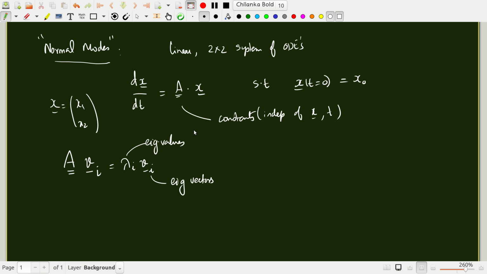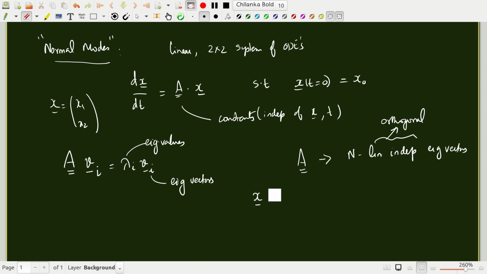Now if you assume A to be a matrix such that you have two linearly independent eigenvectors, in this case because you're considering a two-dimensional system, in general A has, let's say, n linearly independent eigenvectors, then one can expand further. We can even further assume that they are not just linearly independent, they are orthogonal eigenvectors.